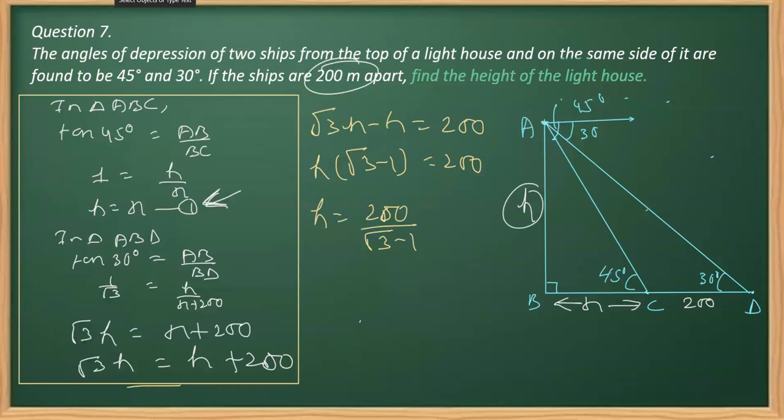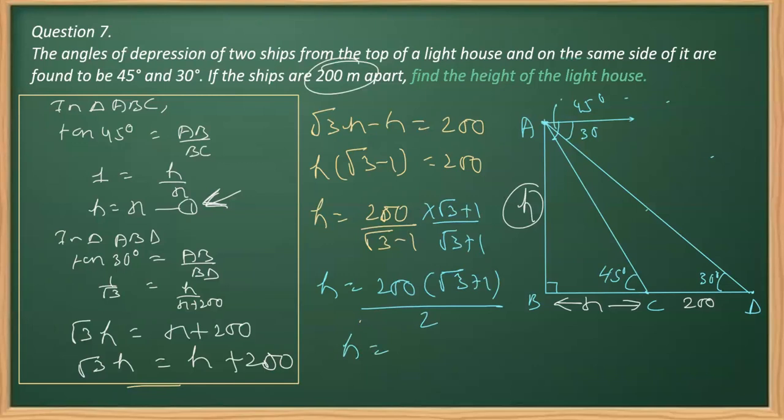What do we do in such a case? We rationalize. So we'll rationalize it by multiplying and dividing with root 3 plus 1. So H is equal to 200 times root 3 plus 1, and the denominator will be a square minus b square, that is 2. On reducing, you are getting 100 here.